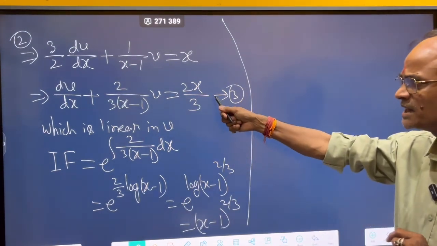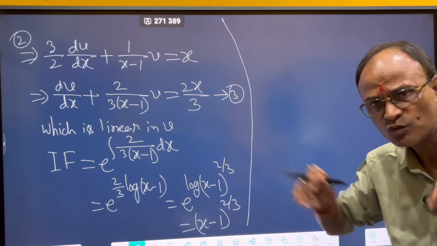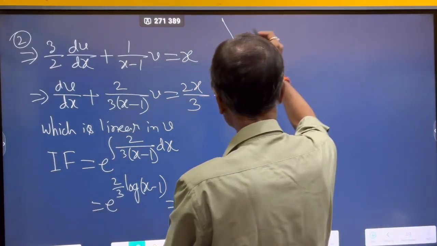Now multiply equation 3 by x minus 1 whole to the power 2 by 3.